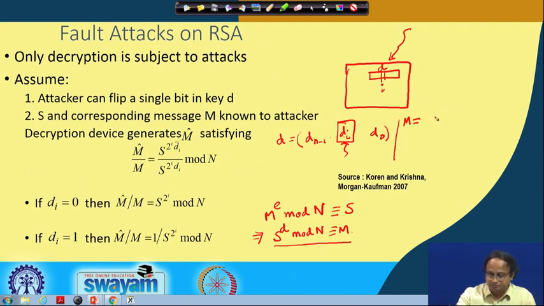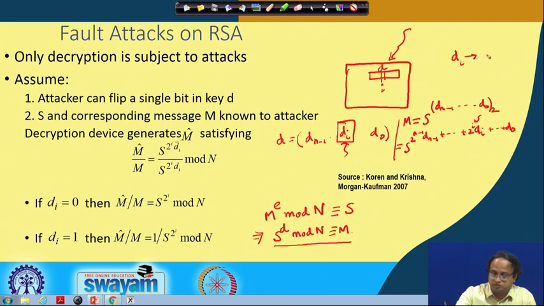We are getting M, and M is S power of D, which is nothing but D n minus 1 till D0. Okay. So, this is written in binary format, and that is equal to S to the power of 2 to the power of n minus 1 D n minus 1 plus, and so on, 2 to the power of i Di, plus, and so on, D0. Okay. And now imagine that somebody is able to flip this Di, and therefore Di becomes Di hat because of the flip.